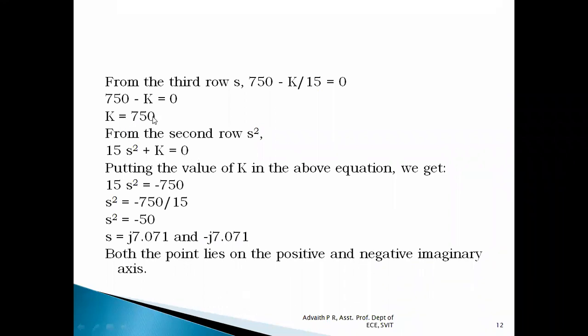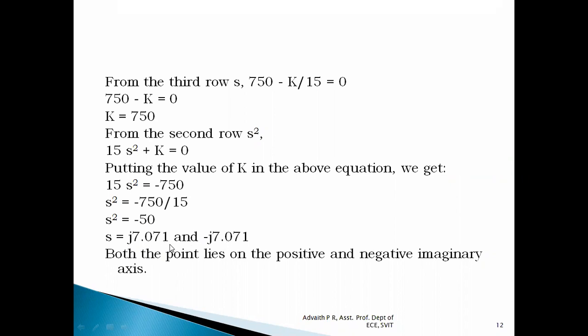Whatever value of k we have got previously, let us substitute that over here. When we put that value, we'll get 15s square plus 750 equals 0, or 15s square is equal to minus 750. S square is equal to minus 750 divided by 15, so s square is equal to minus 50. So the s value will be equal to plus or minus 7.071 j.